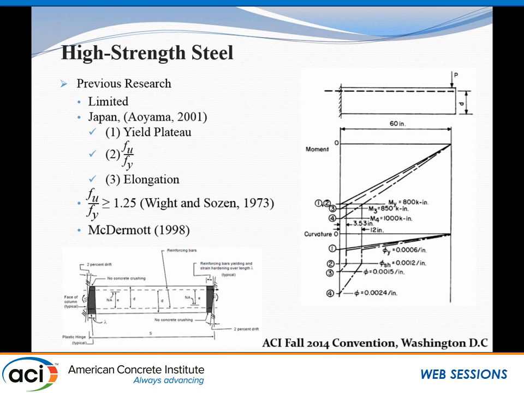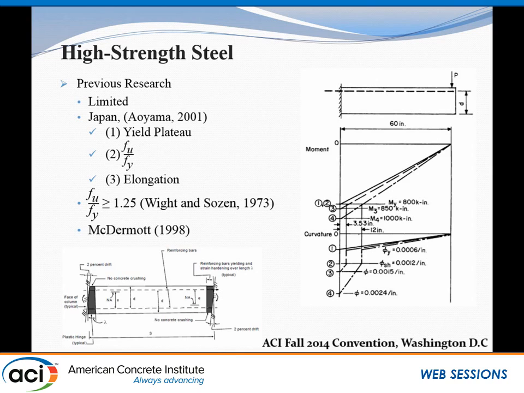The figure at the right provides the explanation. This is a cantilever beam with a load at the tip. This is the critical section where the moment is the largest. When the tension steel starts to yield, which is referred to as state 1 in the figure below, once the steel yields, the existence of the yield plateau increases the curvature rapidly from state 1 to state 2.